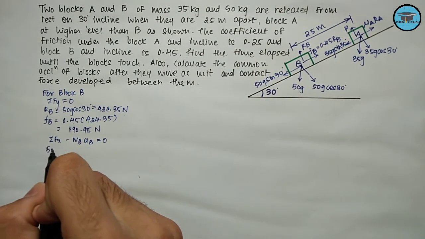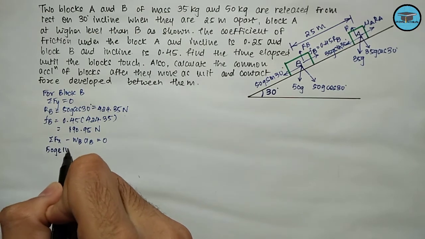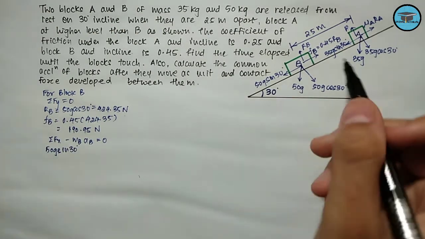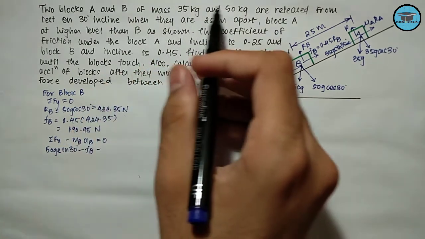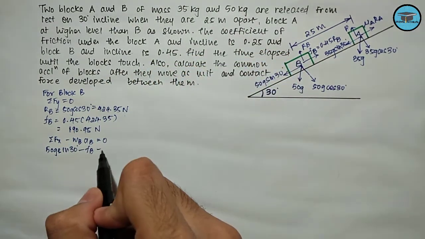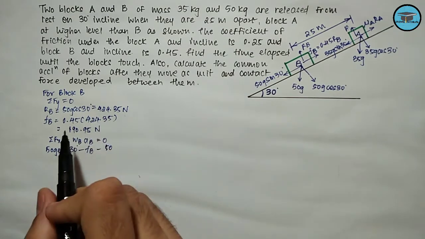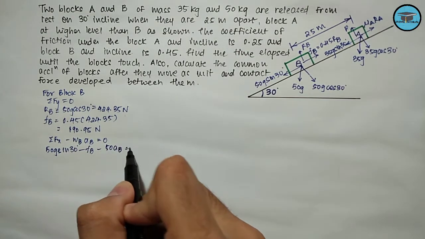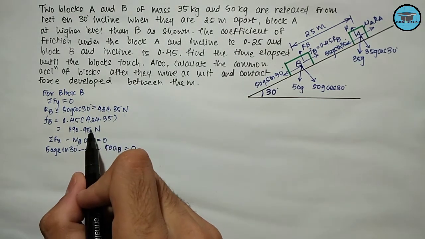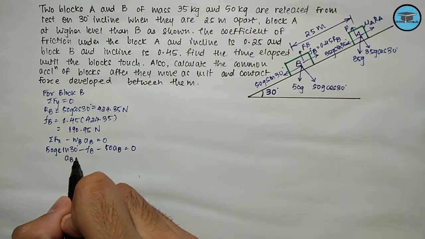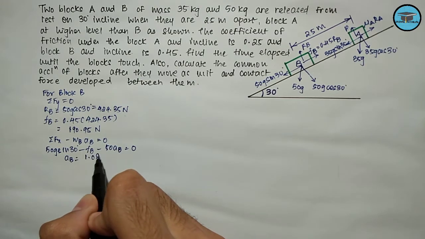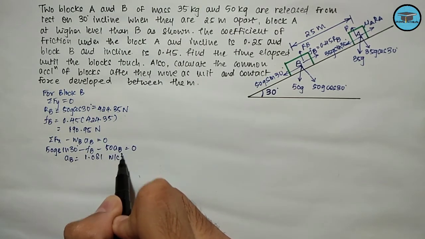So 50g sin 30 minus FB minus the mass of block B, that is 50, times the acceleration of block B, which is unknown, equals 0. We know the value of FB. Placing it in this equation, we get the acceleration of block B as 1.081 meters per second squared.